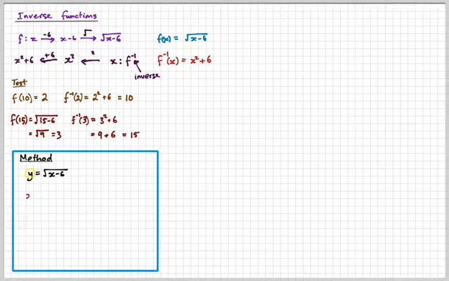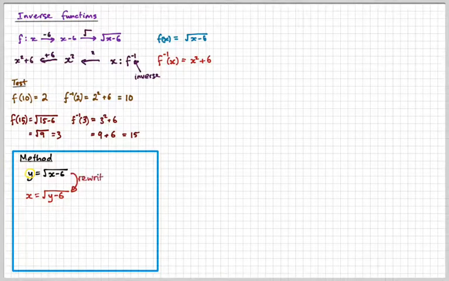Now what we're going to do is switch: every time you see a y, write an x, and every time you see an x, write a y. So we get to this stage. Now you have to rearrange that equation, x is equal to the square root of y minus 6, to make y the subject.